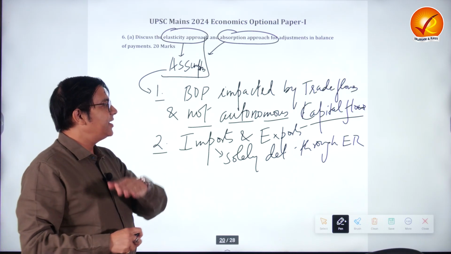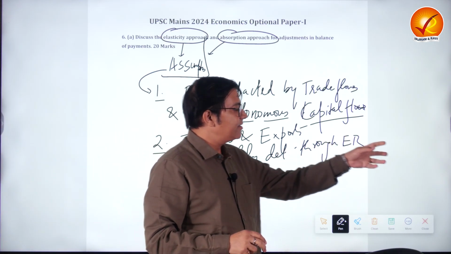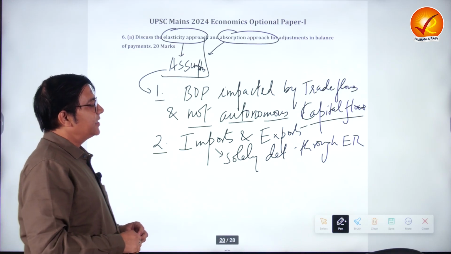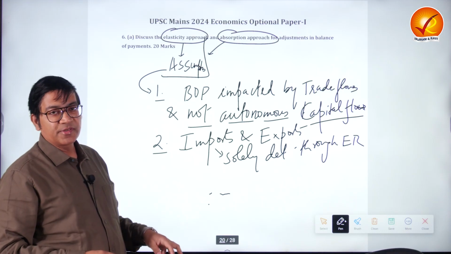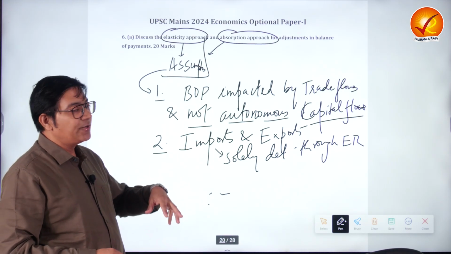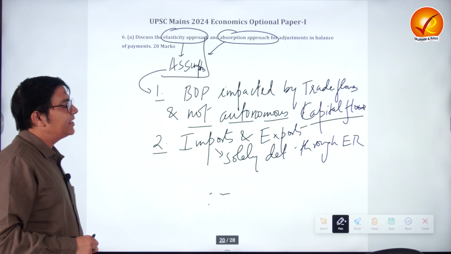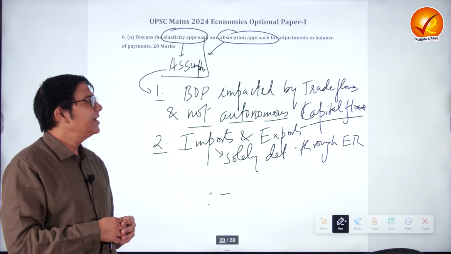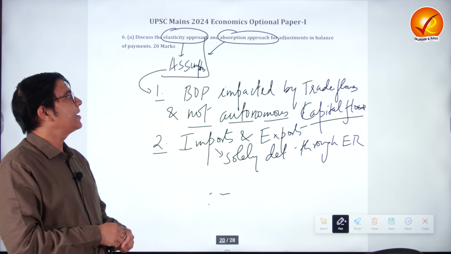Then you can go into detail and write that whenever the domestic currency is depreciating, that depreciation will encourage exports and discourage imports. Same for devaluation. Appreciation will do the opposite, encourage imports and discourage exports, and accordingly BOP equilibrium can be reattained. That is a typical way in which we have seen it.